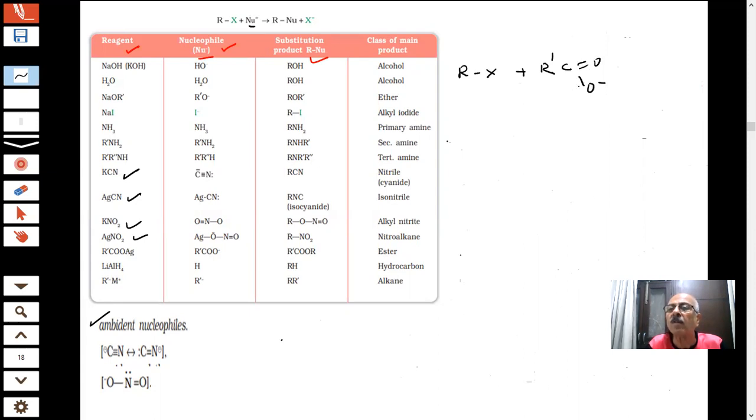This is a nucleophile. What will be the product in this case? There is a negative charge on the oxygen, with 6 electrons. So what will it do? It is going to attack the carbon.